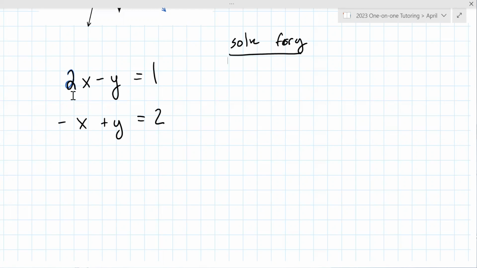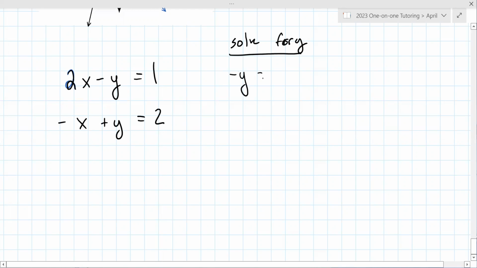So the first one, -y equals -2x plus 1, but then you have to get rid of this negative.